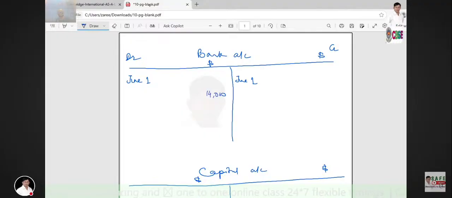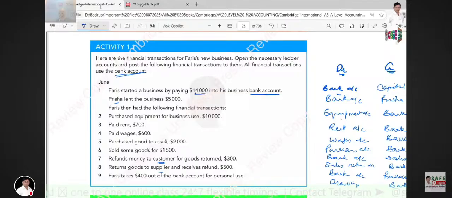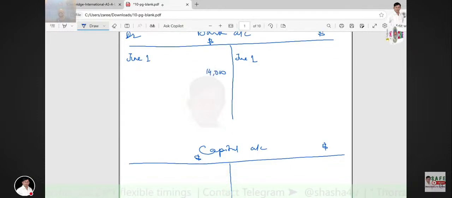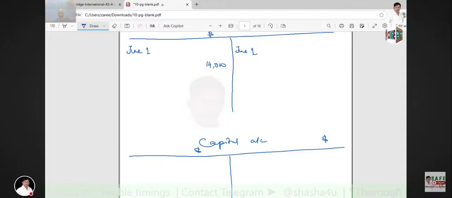So where is the supplier account? What do you mean by supplier? What is the difference between supplier and creditor? Remember, think.